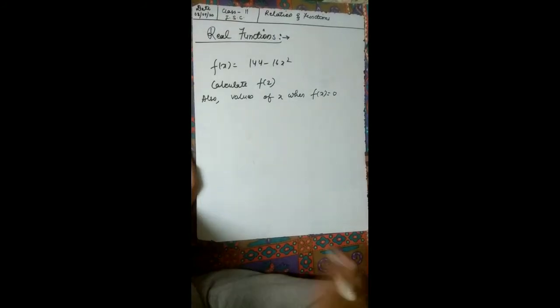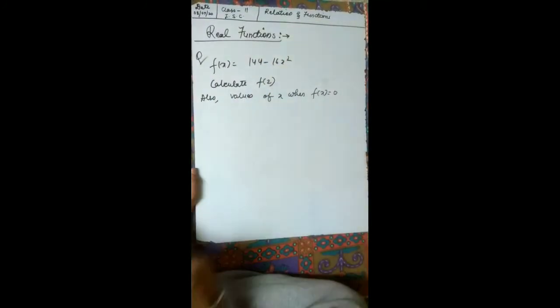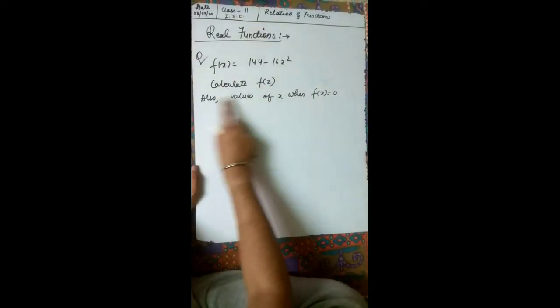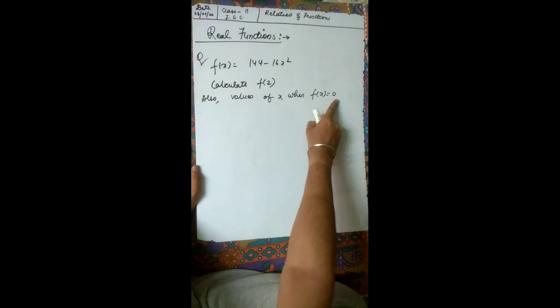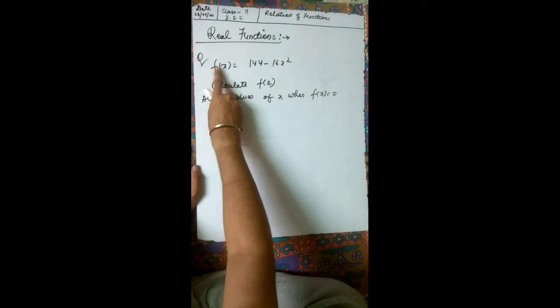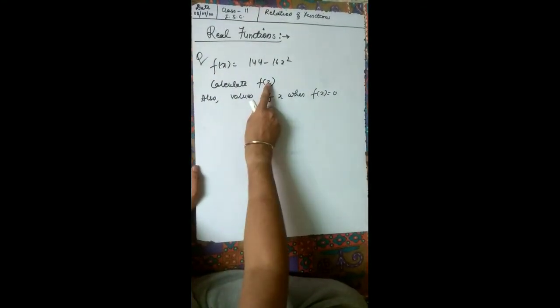So let me take this question. You are given f(x) = 144 - 16x². You need to calculate f(2) and also the value of x when f(x) is equal to 0. You know the meaning of f(2): in place of x you need to put 2.